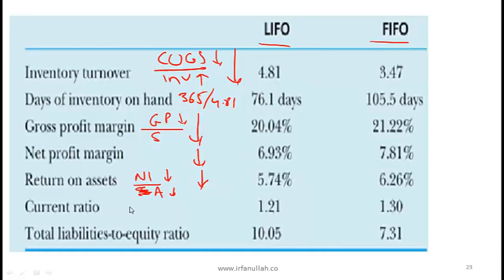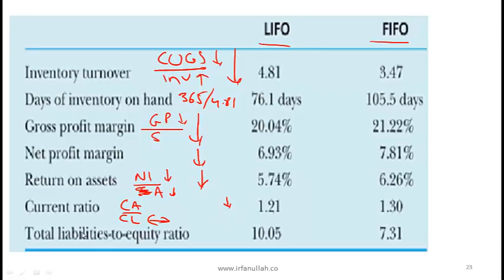What's current ratio? Are current liabilities impacted by the inventory flow assumption? Yes or no? No, liabilities are not impacted. What about current assets? Who will have higher current assets? FIFO will have higher, and LIFO will have lower.